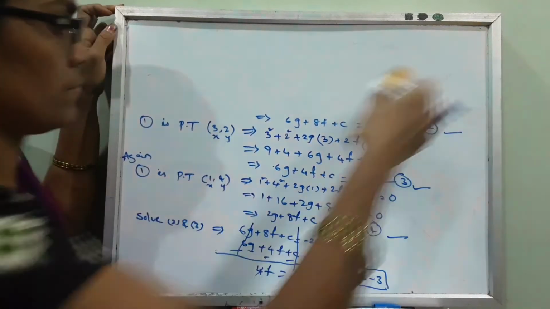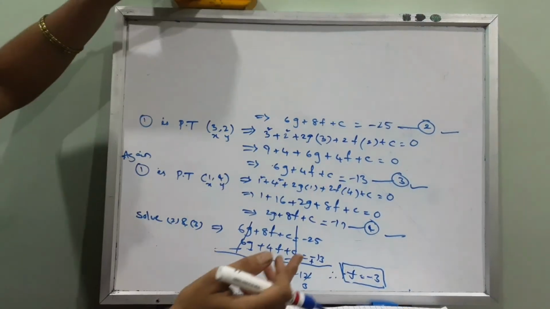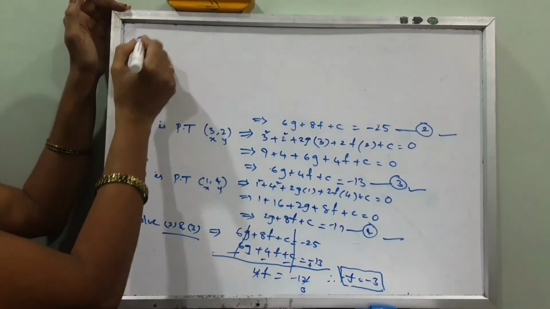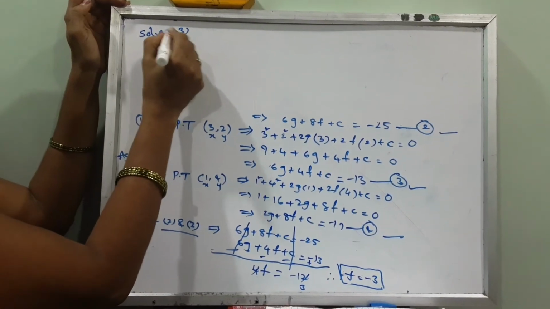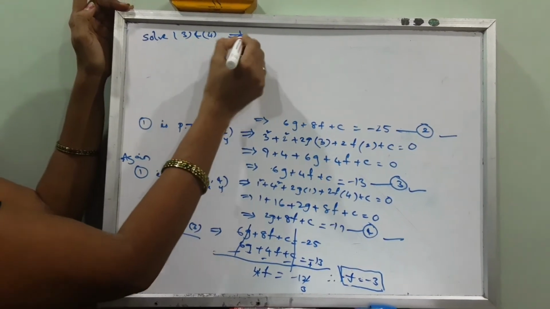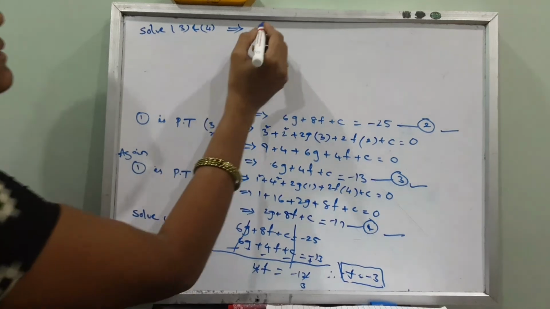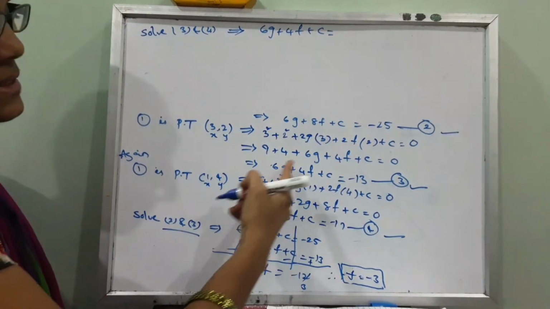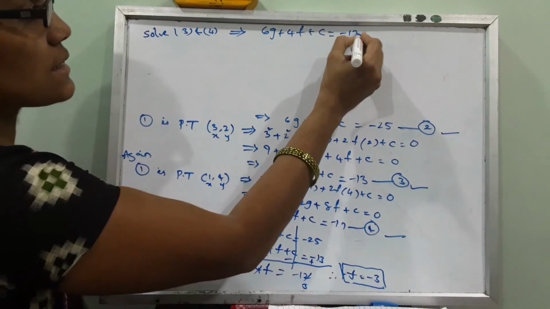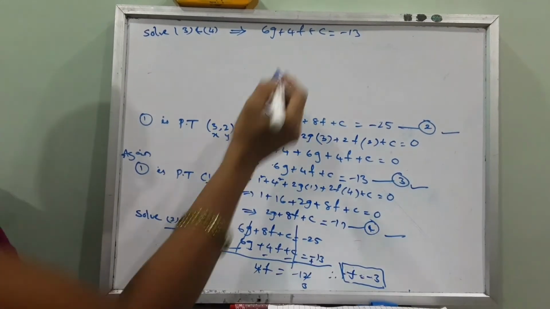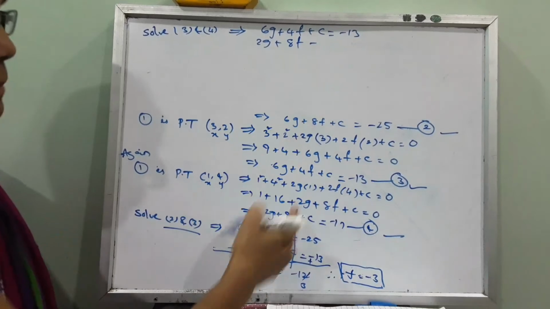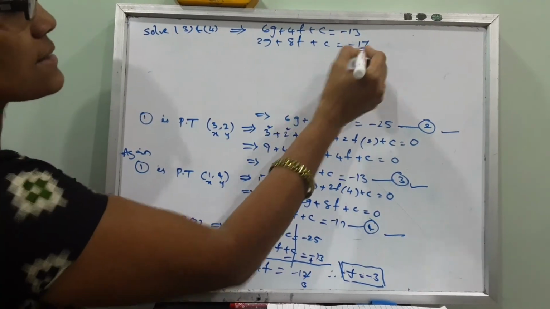Next solve equations 3 and 4. The third equation is 6g plus 4f plus c is equal to minus 13. And the fourth equation is 2g plus 8f plus c is equal to minus 17.